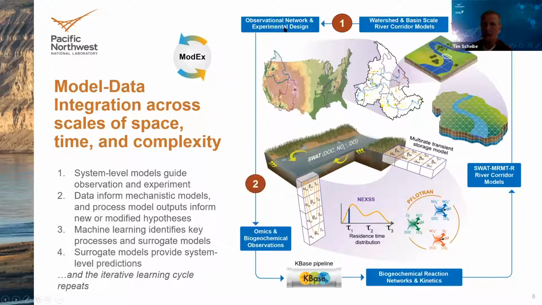As we go out into the field and implement that design, we collect a variety of samples that are subjected to analysis, providing us with detailed omics and biogeochemical data that, as we've seen, can be put into our KBase pipeline to define biogeochemical reaction networks and kinetics. Those ultimately feed back up into our larger scale models of the river corridor and ultimately of the watershed, providing us with updated and refined models of our large scale system, and completing this iterative cycle of learning.